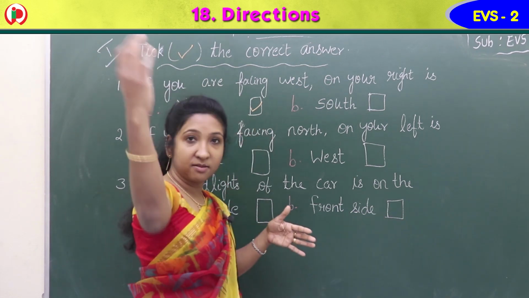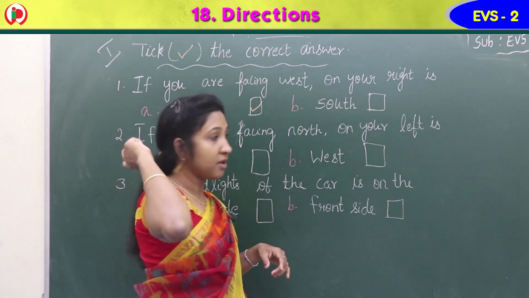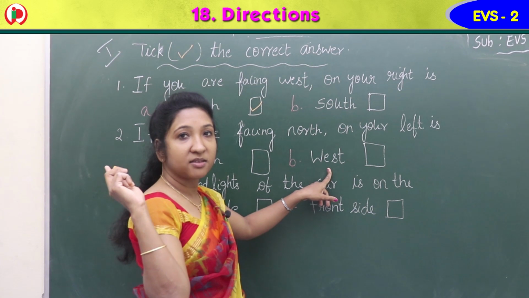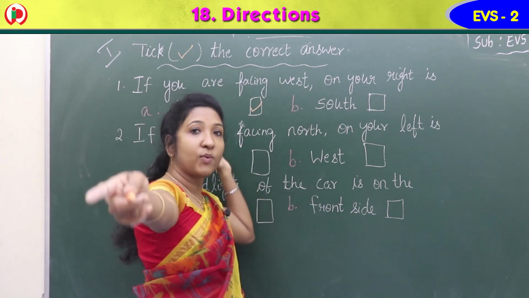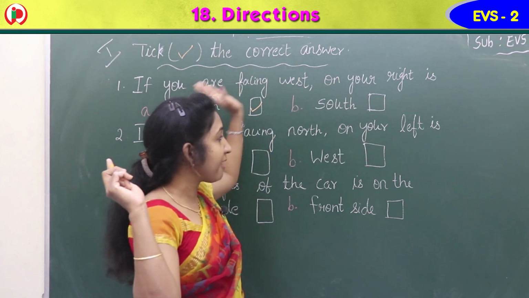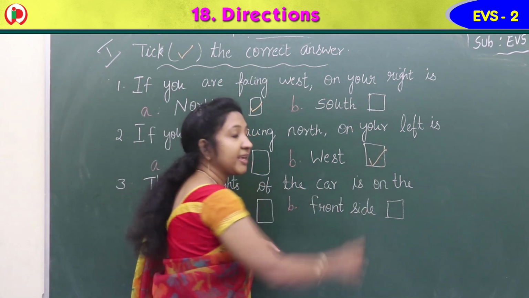Suppose you are standing right in front of the rising sun, east, west, north, south. So left will be west, isn't it? You stretch your arms like that, then you can understand. I am asking about your left part. Left part will be west. So put a tick here.